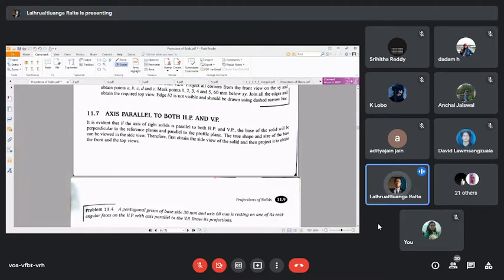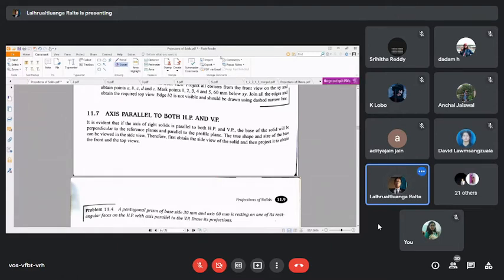The profile is what makes the shape of the solid, right? If it is a pentagonal prism, then that pentagonal shape is where the profile or the base is. We need to see that, right? If it is a hexagon, we need to see the shape of a hexagon. So when they are parallel to both the reference planes, we are not going to see the profile in the VP and the HP, or the top view and the front view. So we need the third plane, the profile plane.